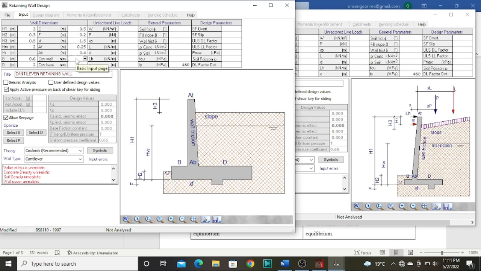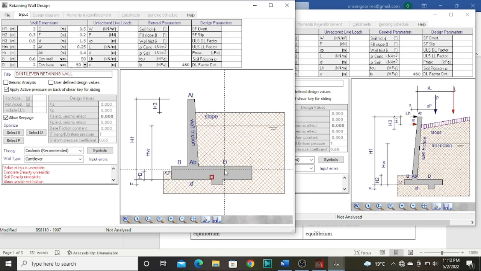At this section, I'm also allowed to enter the cover of reinforcement. Because a retaining wall is almost like a foundation, I'll use a cover of 50. Therefore, I'll use a cover of 50 for my walls and a cover of 50 for my base.